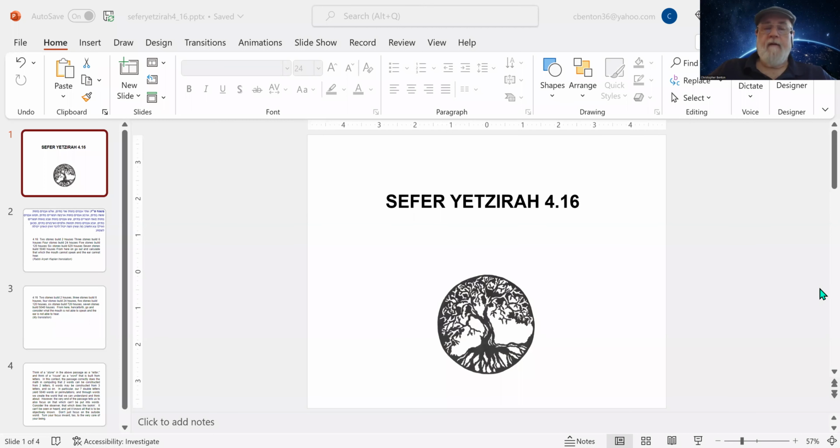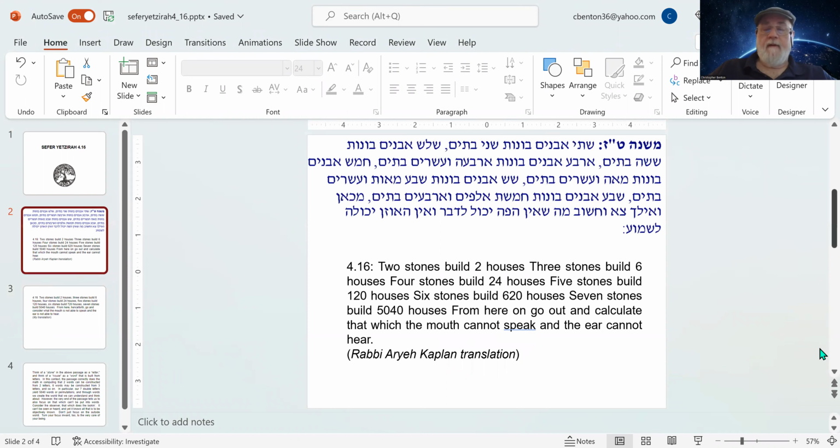And here we are, Sefer Yetzirah 4:16. And as usual, I'll start with Rabbi Kaplan's translation, the late Rabbi Aryeh Kaplan.